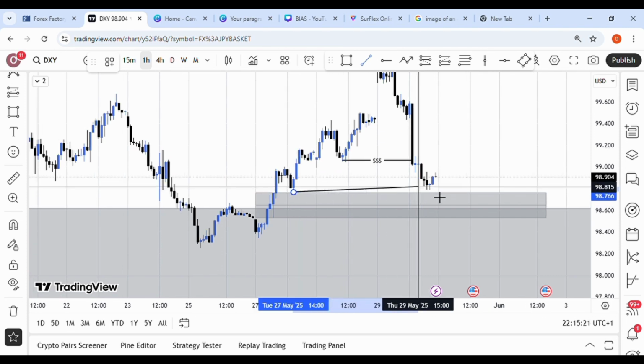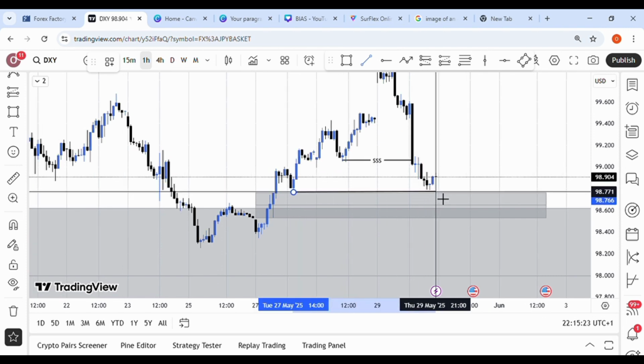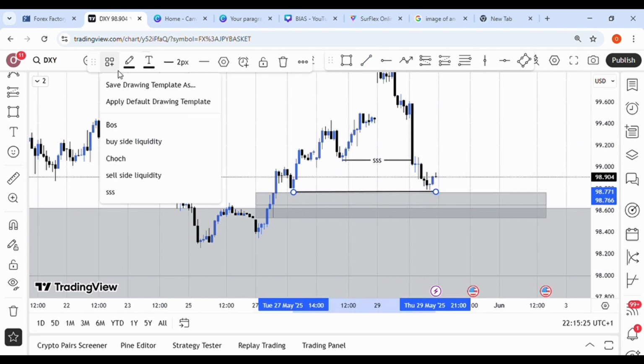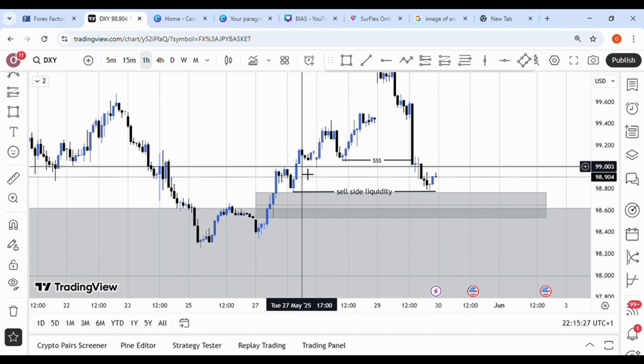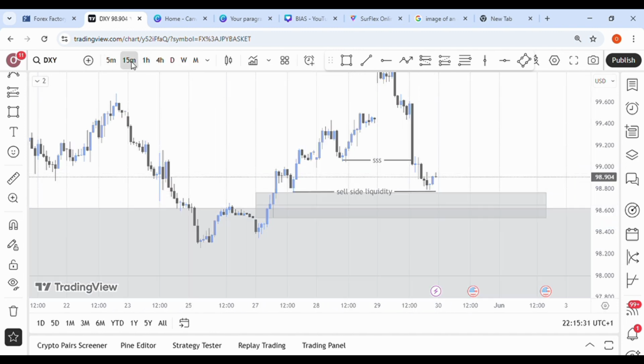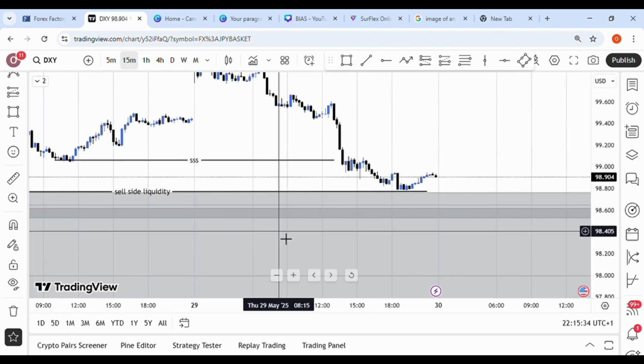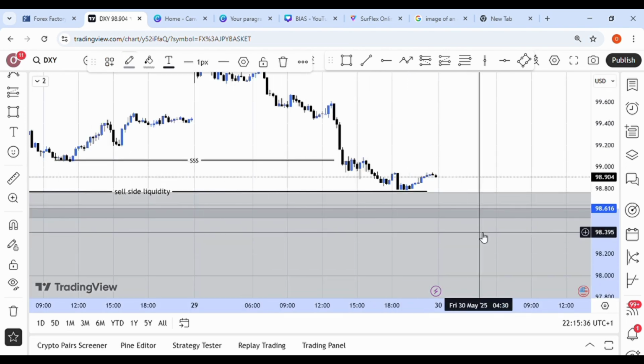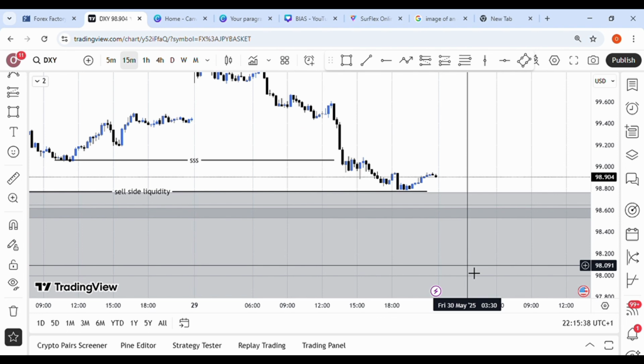This is our sell side liquidity over here, and I really need price to take out this liquidity residing below here. You understand? So judging forward to our 15-minute time frame.